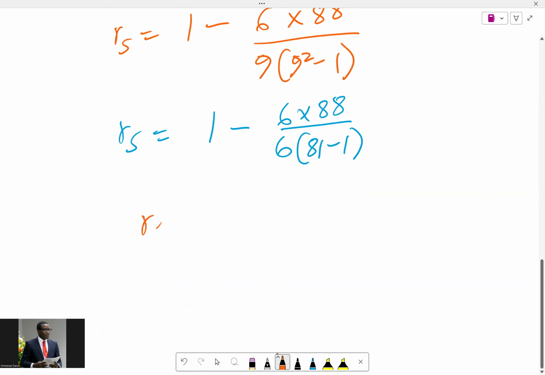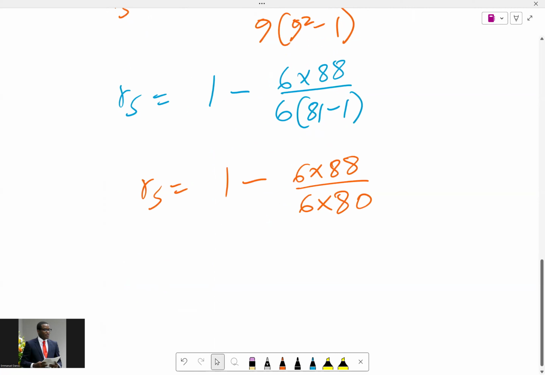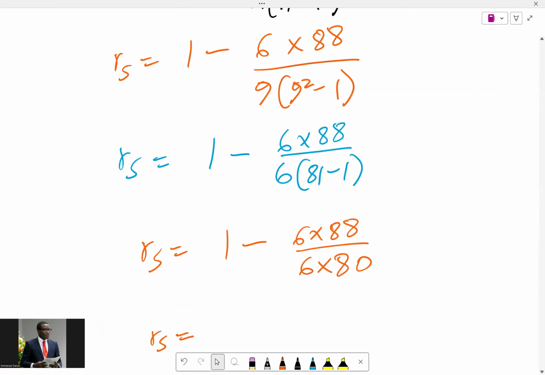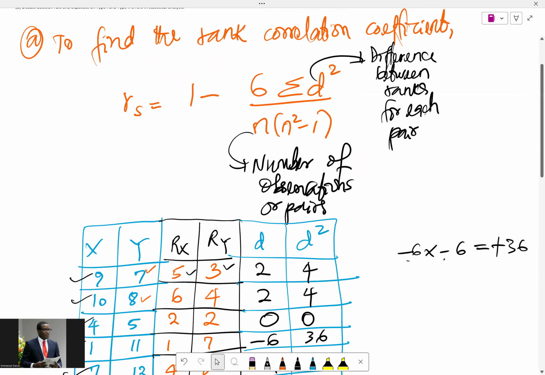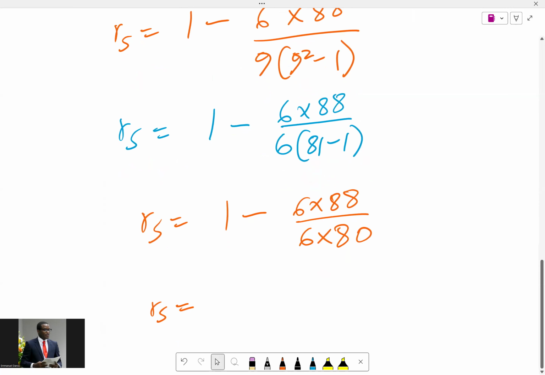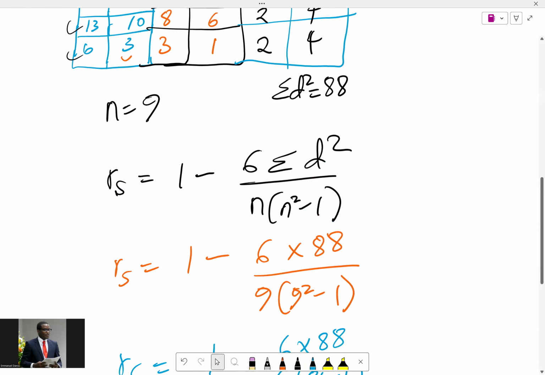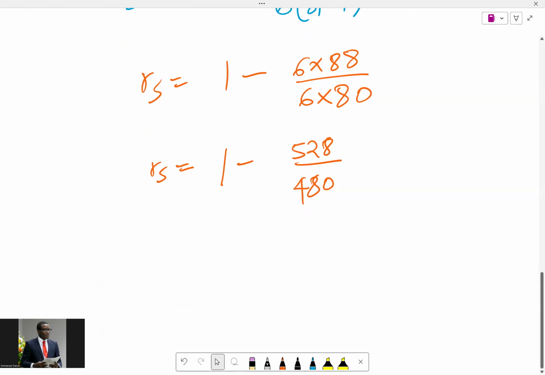So we have Rs equal to 1 minus 6 times 88 divided by 6 times 80. 6 times 88 is 528. So 1 minus 528 divided by 480. 6 times 80 is 480.